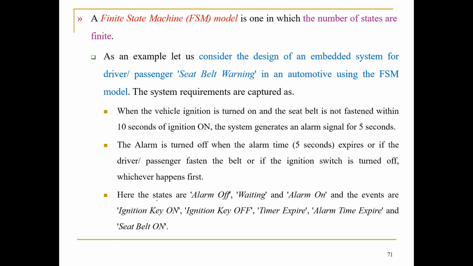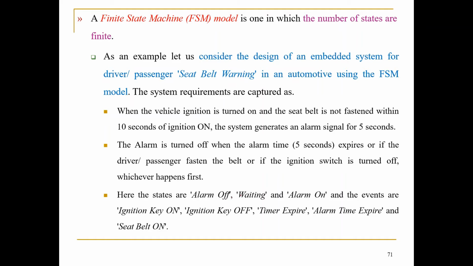So here, the states of a passenger seat belt warning system are alarm off, waiting, and alarm on. And the events are ignition key off, ignition key on, timer expire, alarm time expire, and seat belt on. So we know what are the states and what are the events of this particular system.